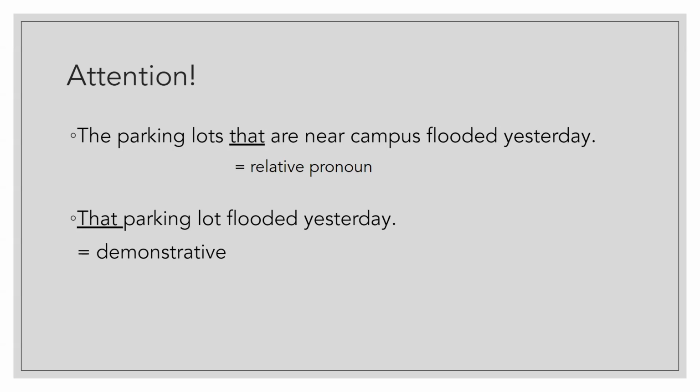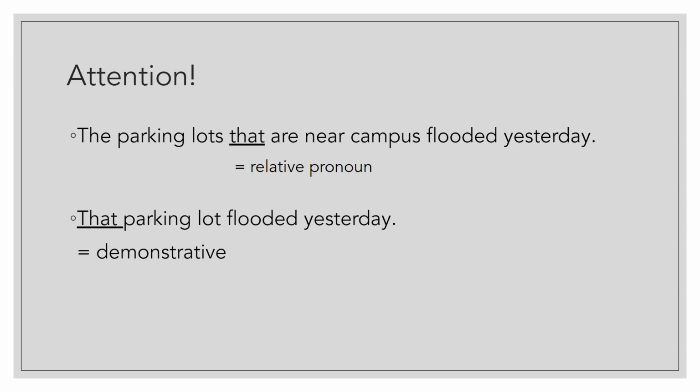That is a demonstrative, which is a form of determiner. Notice that is like this, these, those. It's a demonstrative. It comes before a noun, right? That parking lot, that man over there, that book, that movie. That's a determiner. It comes before a noun.